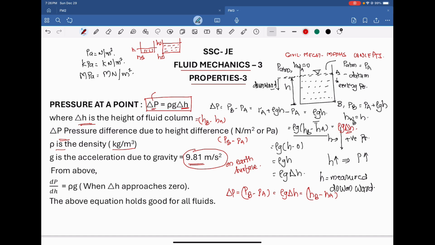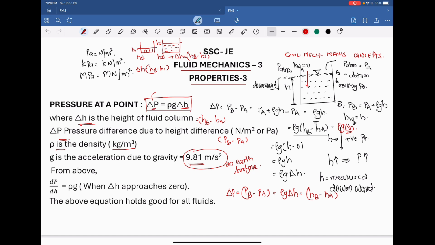That means here delta H is equal to HB minus H1, here delta H is equal to HB minus H2. As the delta H is increasing, that means the height of the water column below the atmospheric pressure increases, the pressure increases.